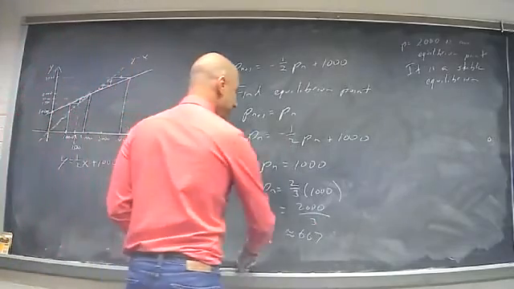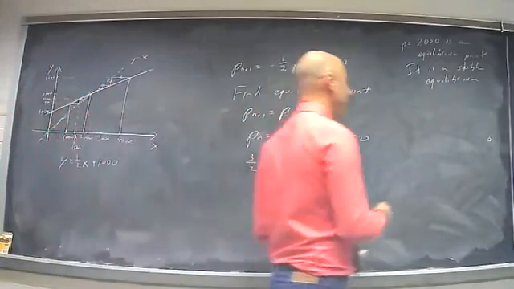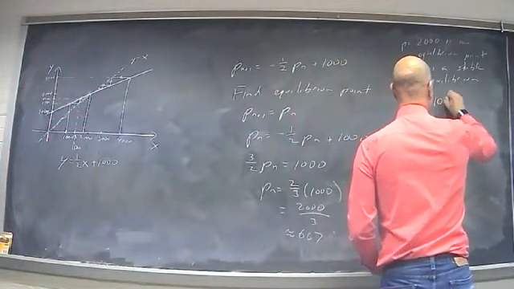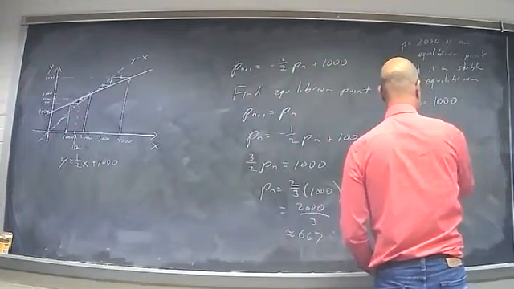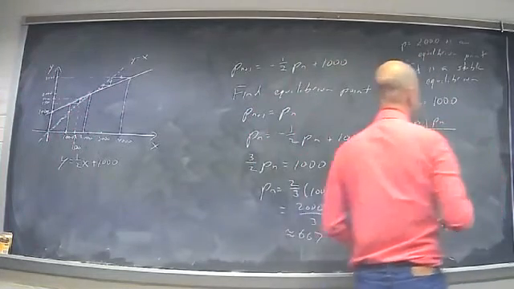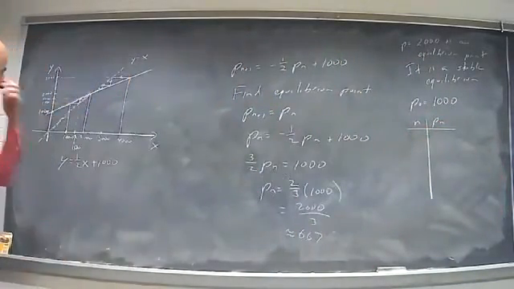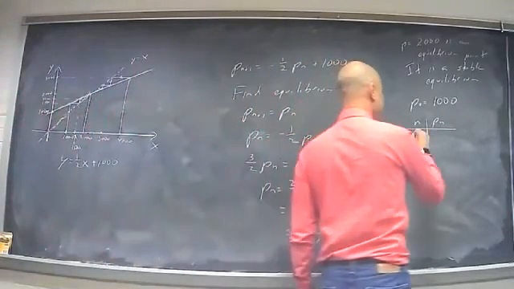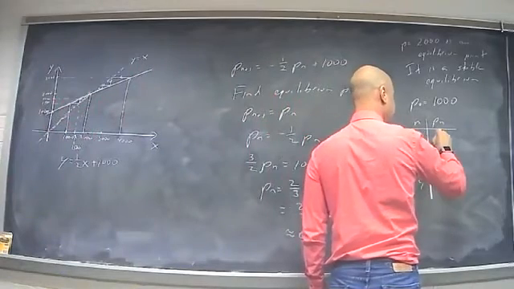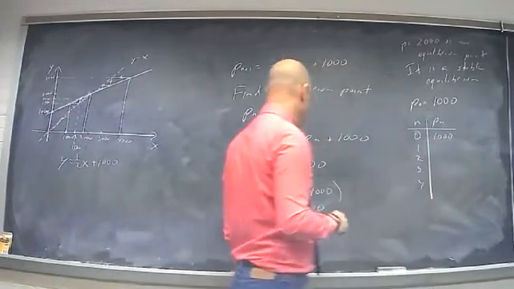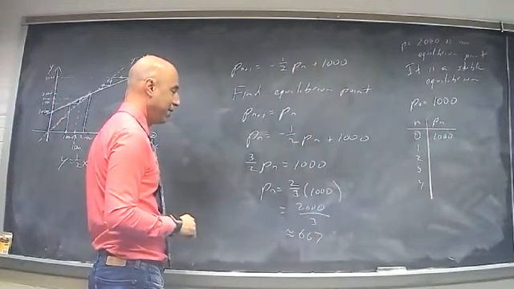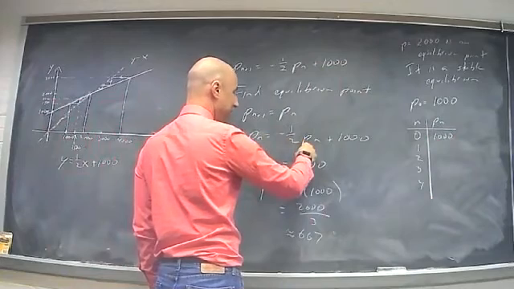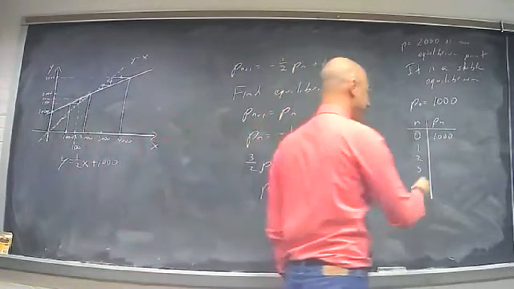So let me give you a P naught, and you can compute the first few numbers you get. Let's say P naught equals 1,000. So minus 1/2 times 1,000 is minus 500, plus 1,000, that's 500.